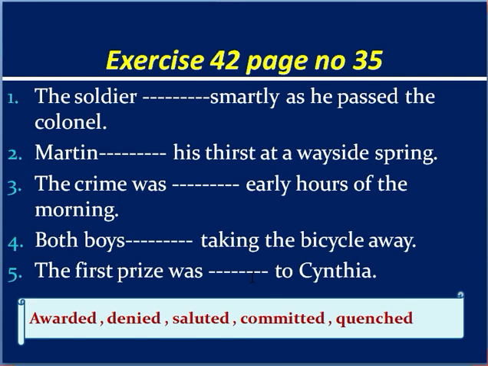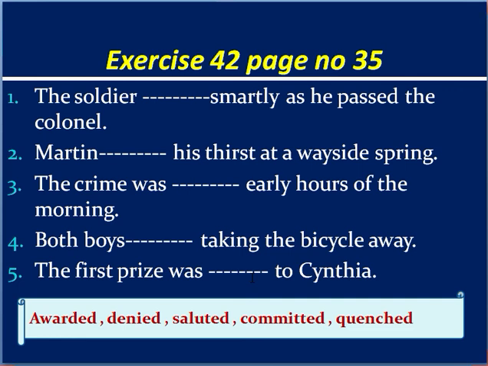Let's do another exercise. The soldier dashed smartly as he passed the colonel. Number 2, Martin dashed his thirst at a wayside spring. Number 3, the crime was dashed early hours of the morning.